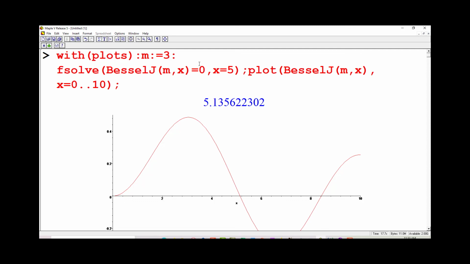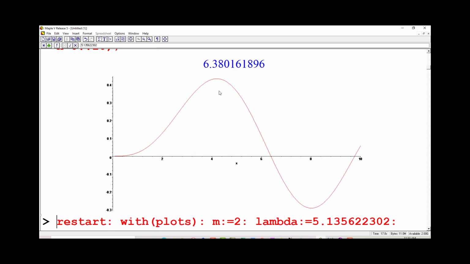With m equals 3, looks like the first root is somewhere around 6.4. And again, that was m equals 3.